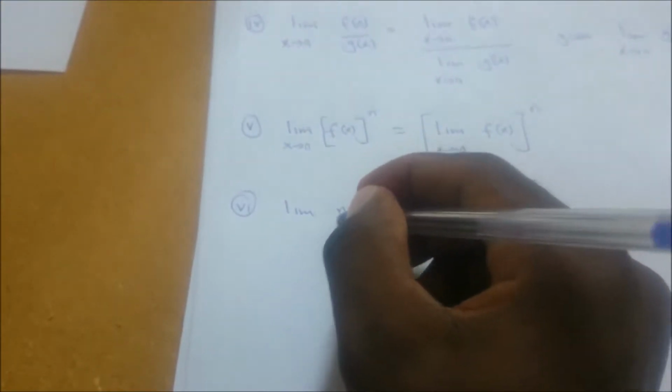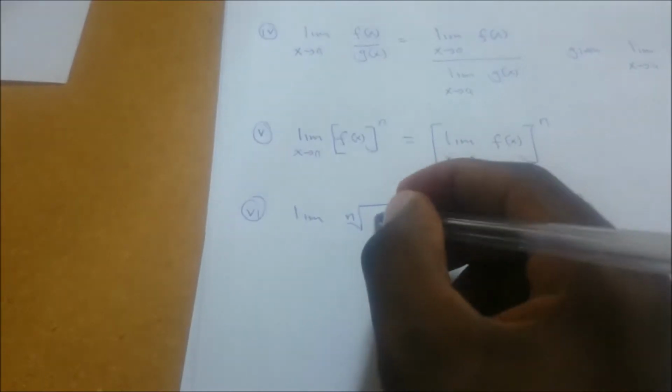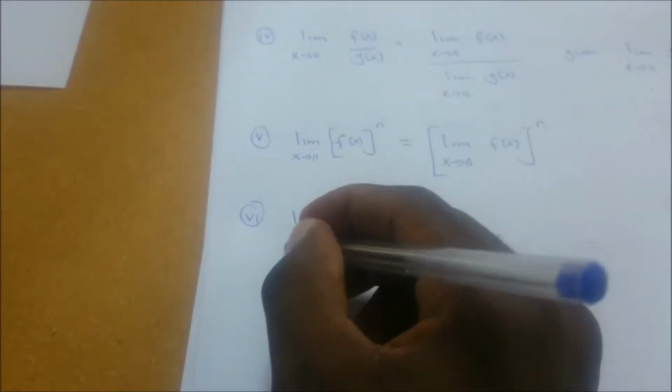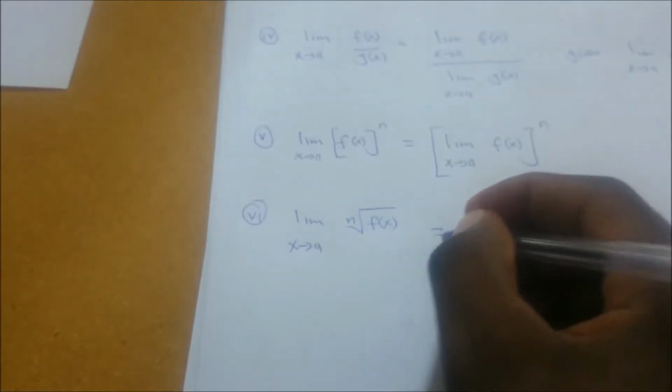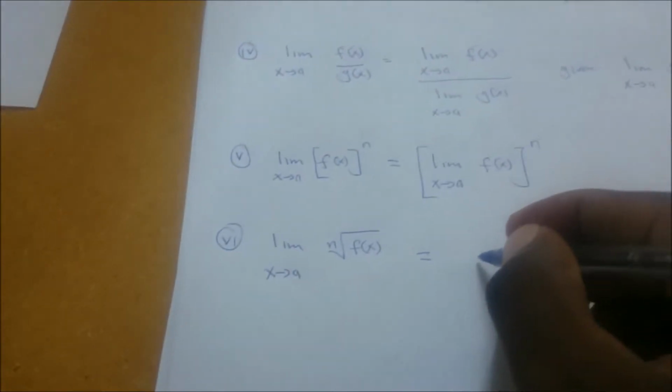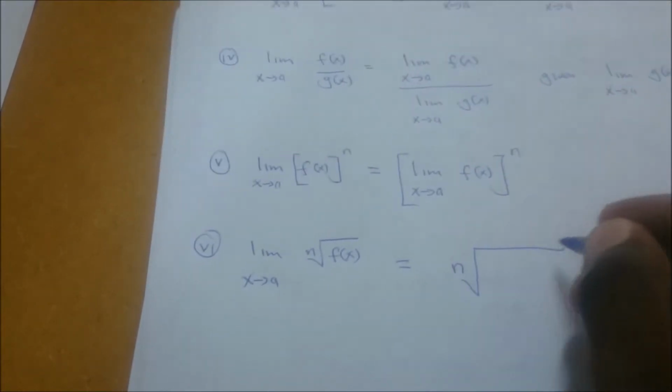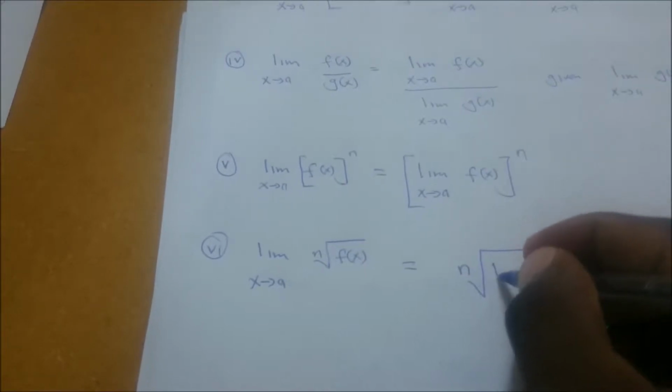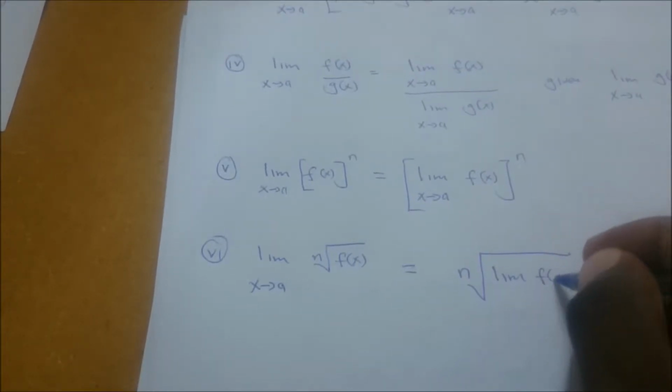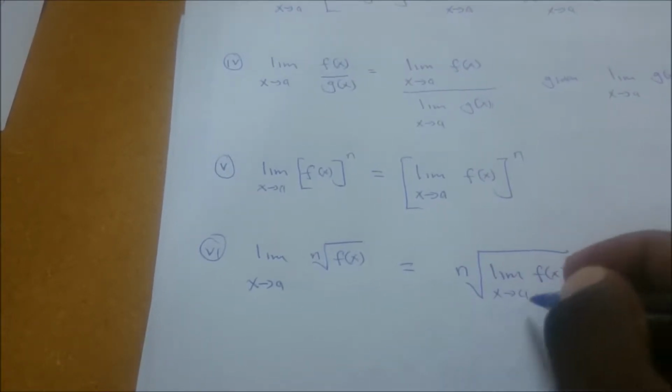We also have the limit of the nth root of f of x as x is approaching a equal to the nth root of the limit of f of x as x is approaching A.